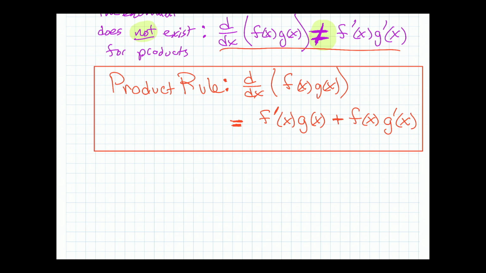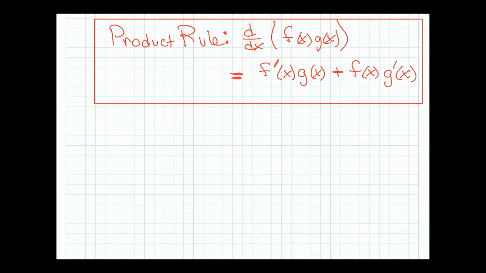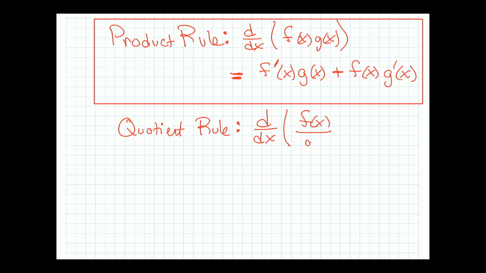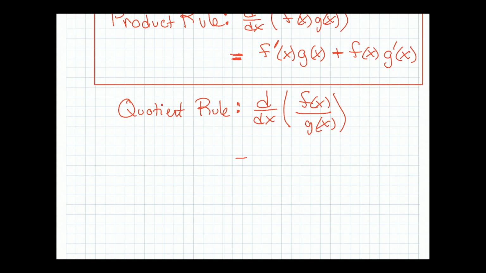Now I'm going to write the quotient rule here too, just so they're in the same place in your notes. But then we're going to go back to talking about the product rule first. Quotient rule. So the quotient rule is going to be for f over g, right? Which is a quotient. So what's the rule?